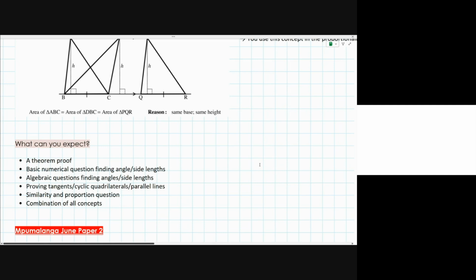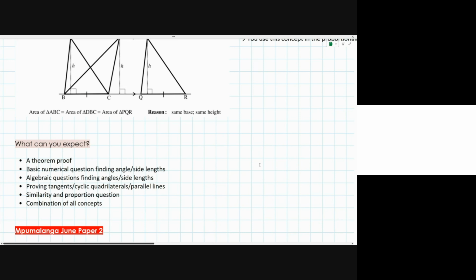And often we then increase the complexity by saying, prove that, I don't know, angle O2 is equal to a quarter of angle S or something like that. We introduce the idea of showing that things are equal. And this then combines with the next point where you have to prove things: tangents, cyclic quads, or parallel lines. It'll generally be one of those unless it's a problem-solving question.